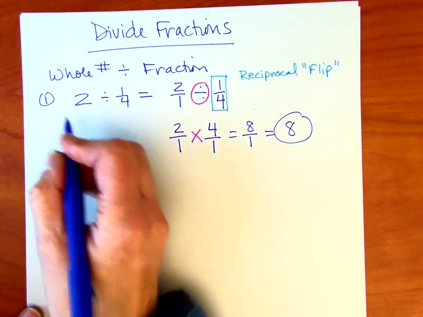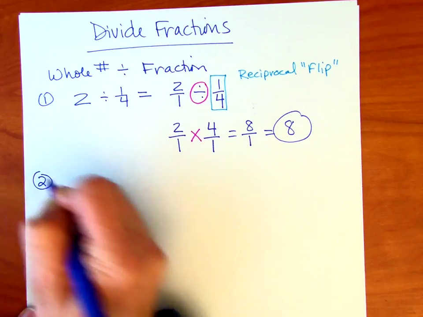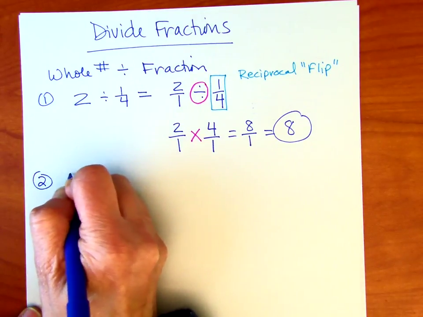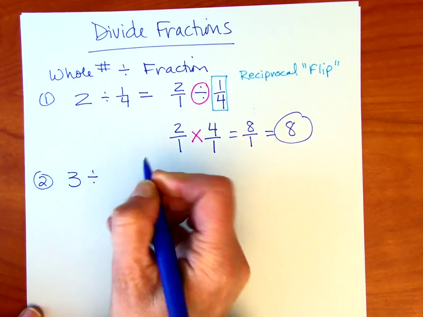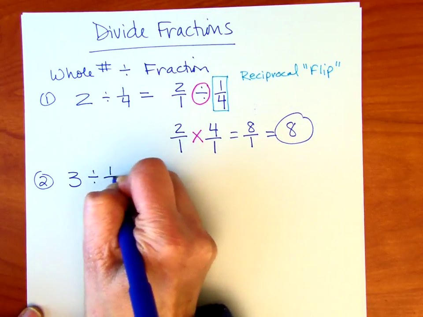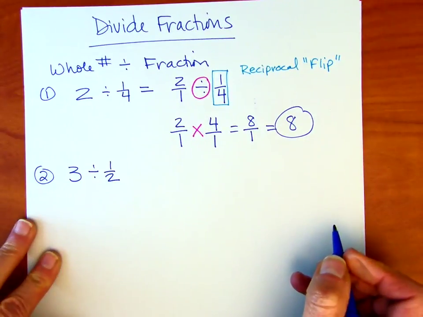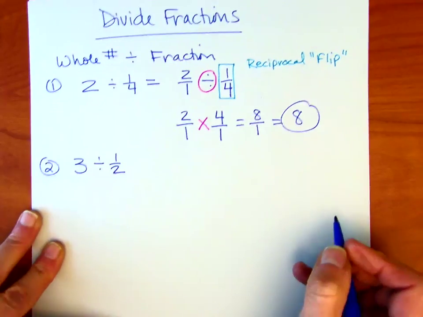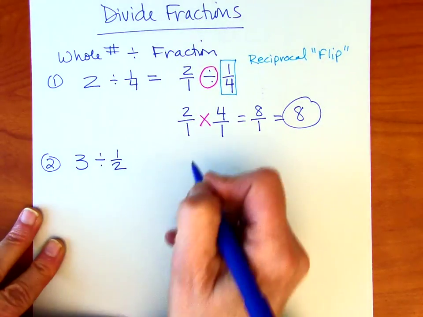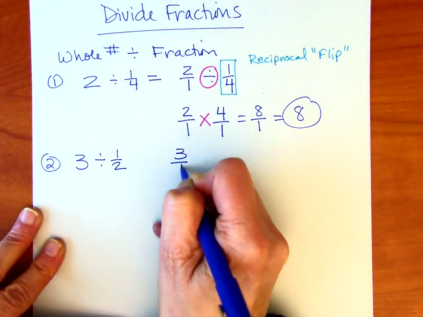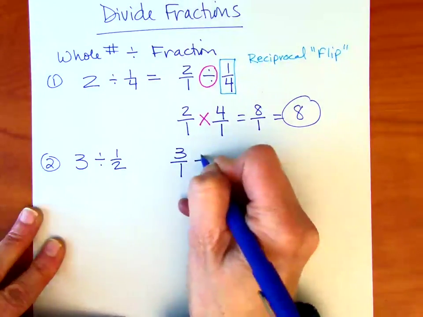Okay, let's do another one where we start with a whole number. Let's say we have 3 and we want to divide it by 1/2. Again, let's change that 3 into a fraction. I'm going to rewrite it.